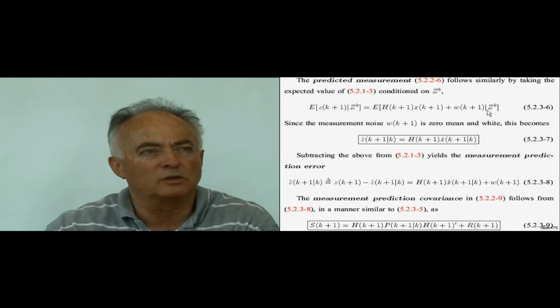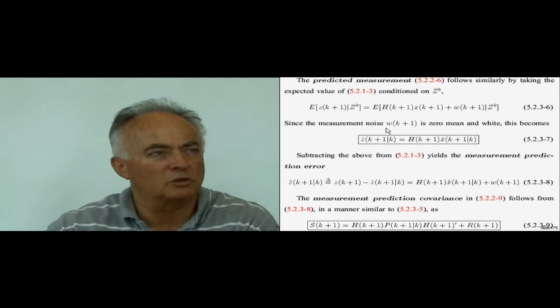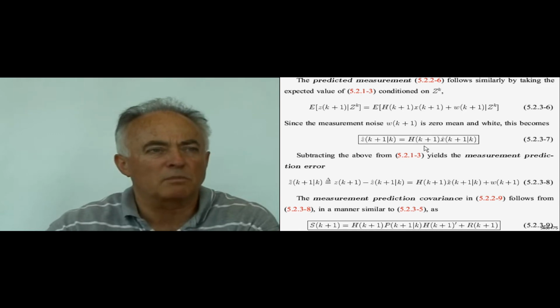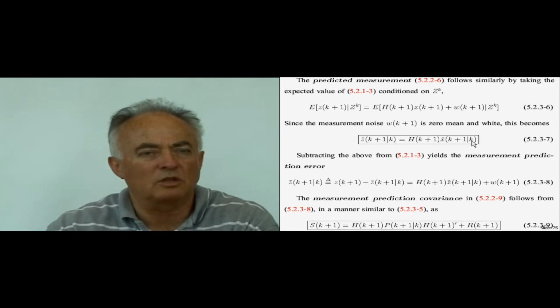The mean of w is 0, E goes past the h, so z hat k plus 1 given k, again this k plus 1 is the time argument, this conditioning argument here says up to what point we have the information, is hk plus 1 x hat k plus 1 given k. So now you can see how the predicted state enters in a nice linear manner into the predicted measurement.